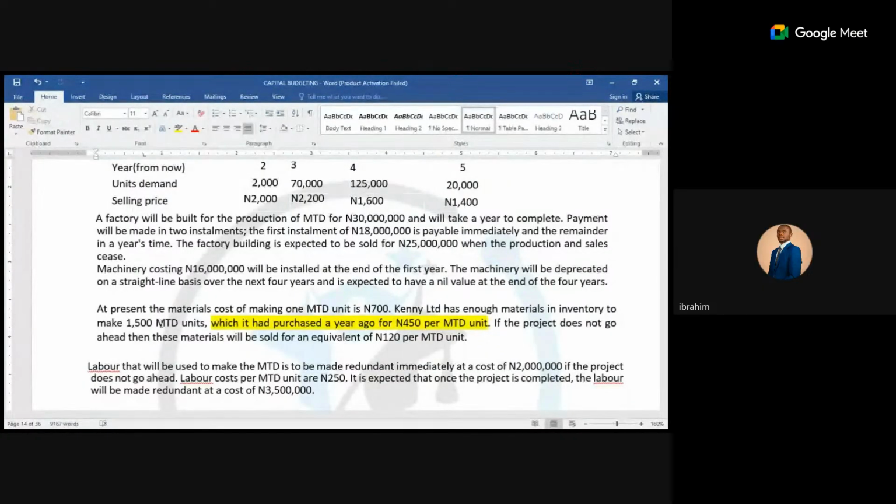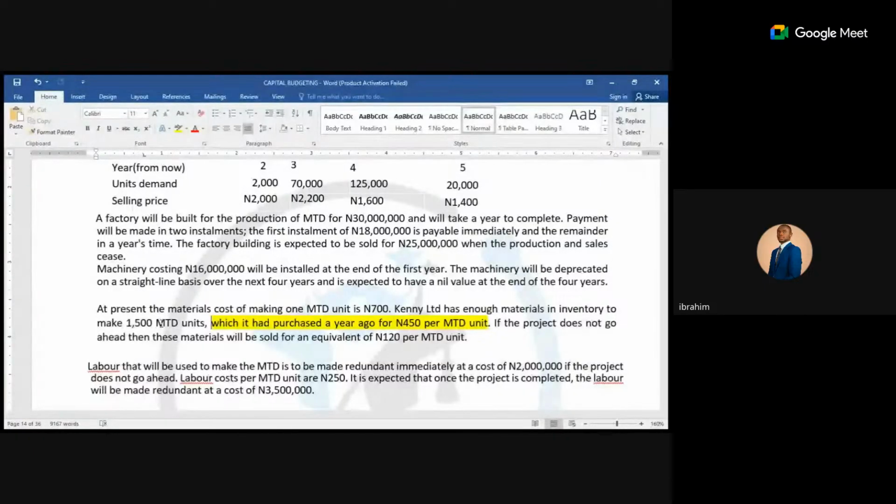Now, the 1,500 units, because we have them in the store. But if the project does not go ahead, we can sell it. Opportunity cost. We can sell it and make money. Now, what is the cost of that material if we are to sell it out?